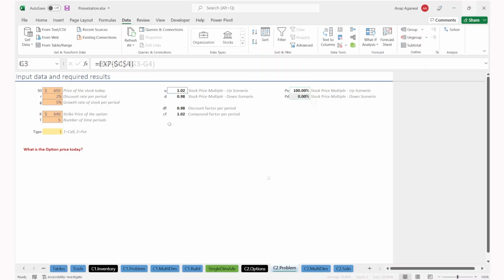Let me fix that. All right, so this cell is referring to the wrong cell. Okay, so yeah, let's say these are also input for this exercise, that these are the probabilities with which this stock can go up or down, and this is the factor with which it will go up or down, and then each month or each period, it will be discounted by this rate. And so the question is, what is the option price today?